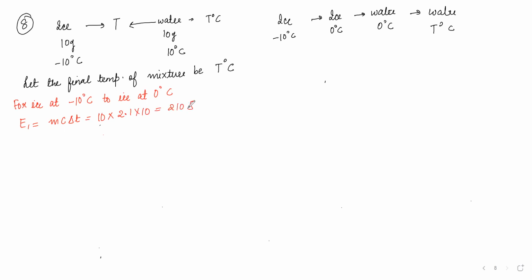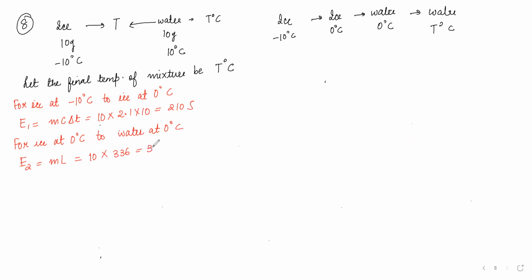Okay, we'll go down to the next one. Next is for ice at 0 degrees Celsius to water at 0 degrees Celsius. What is E2 equal to? E2 will be equal to M into L, because only the phase is changing. The m has been given as 10, and the specific latent heat of ice has been given as 336.